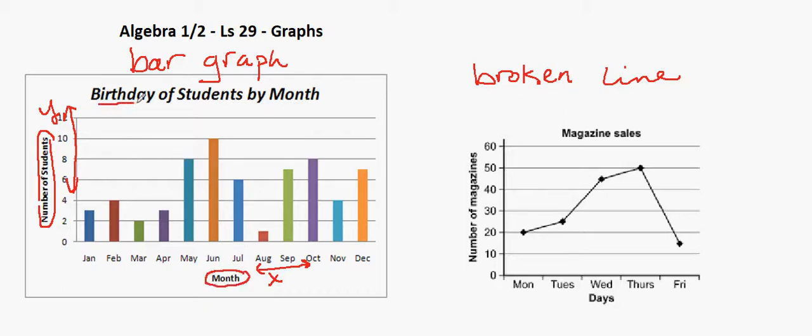And the title of the graph is very important, neatly written at the top, birthdays for students by month. Okay, so we look to the month that they started with. They said how many more in June, and we say, okay, there are over 10 in June, and in May there are over 8. So to answer that question, we simply find the difference, and there are 2 more students born in June.